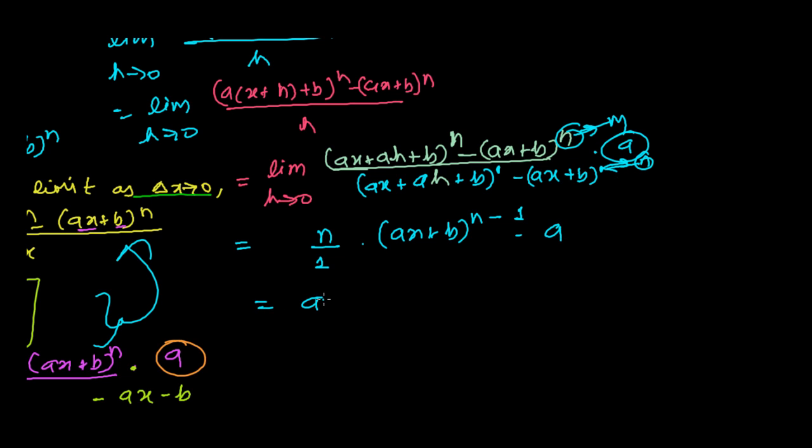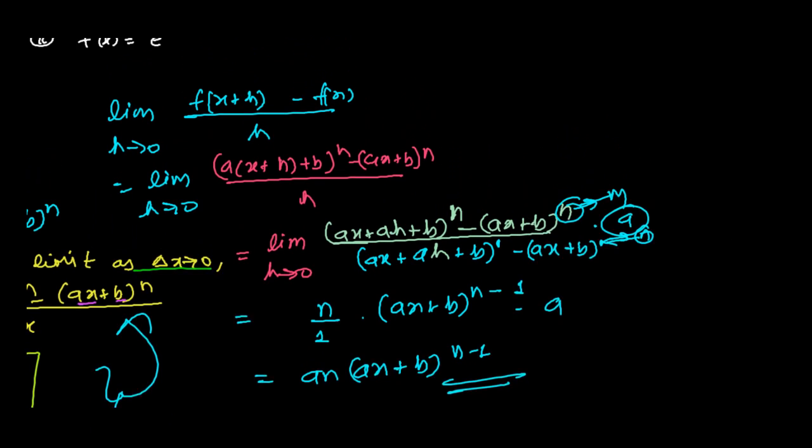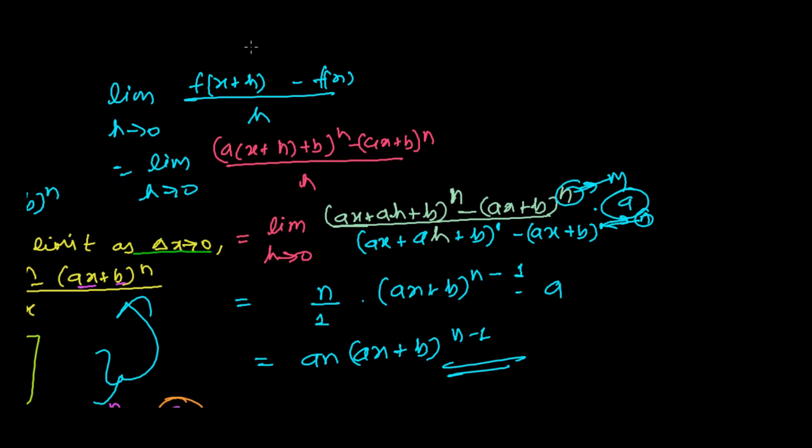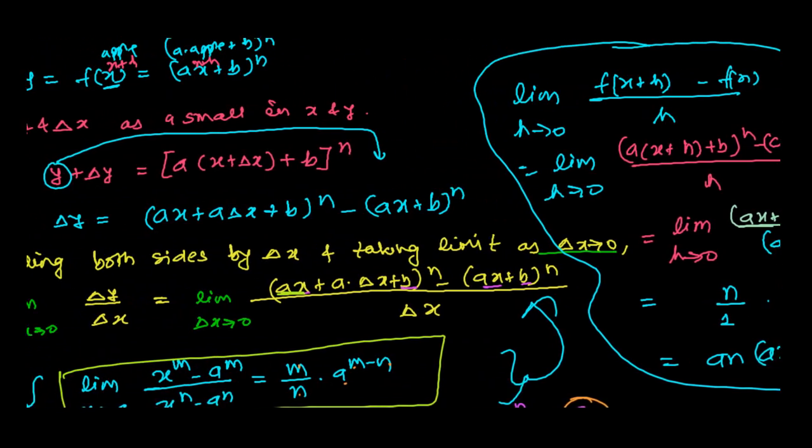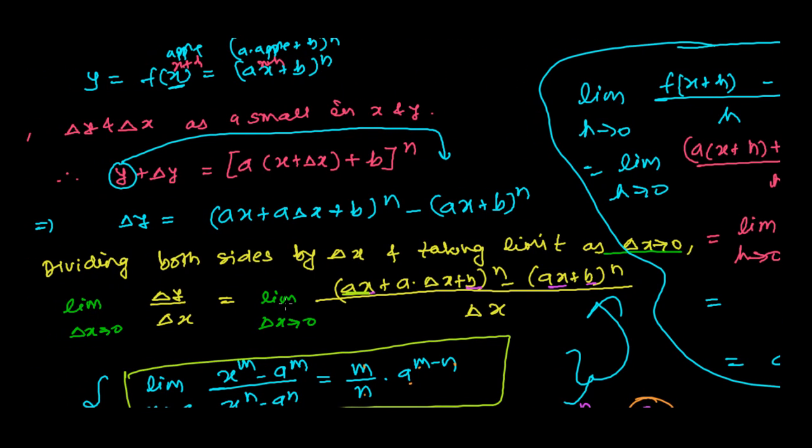So our answer is a n (ax + b) to the power n minus 1, and that's our solution. So this is how you can also do it very simply and shortly by the first principle method. It's not such a big thing if you do it by this method, right? And I will suggest you go by this method also, but I was just trying to make you understand more the basic concept, how all this came.